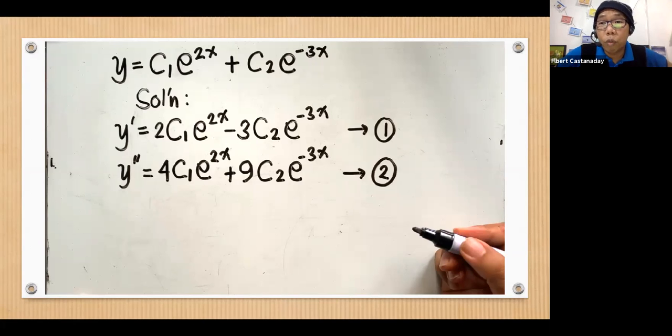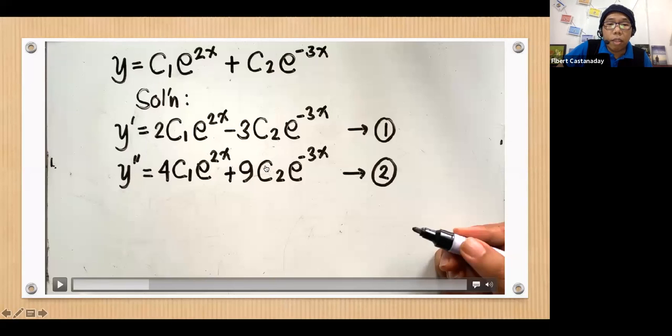So we have to do something with these equations. Pwede mo siyang, it depends on what is more convenient to you. So you can eliminate c sub 1 first, solving c sub 2, or you can eliminate c sub 2, solving for c sub 1. Okay, so whichever, kung ano yung gusto mong unahin. So as you can see dun sa final equation natin, you have 4 c sub 1 e raised to 2x plus 9 c sub 2 e raised to minus 3x.